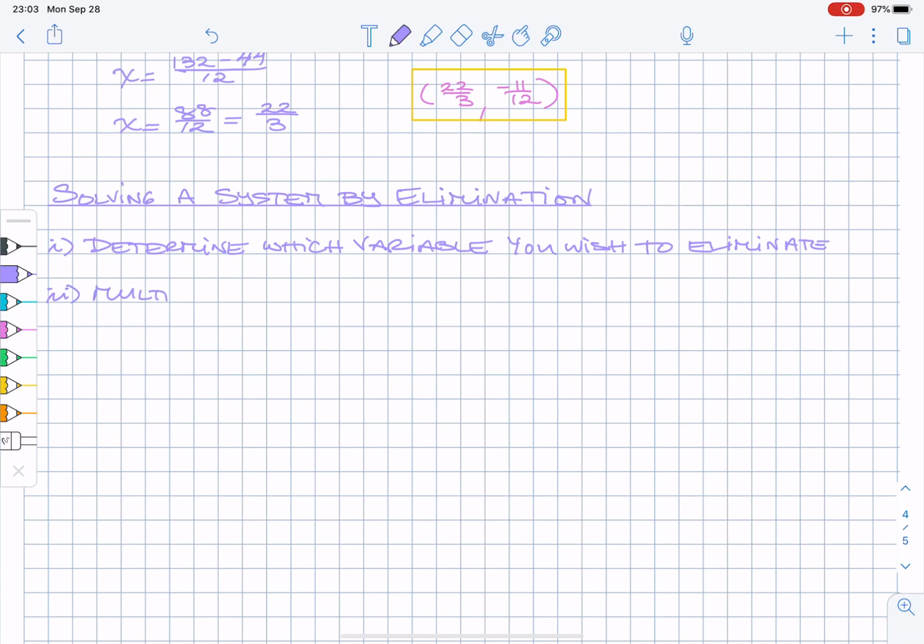Multiply each equation by the coefficient of that variable in the other equation.